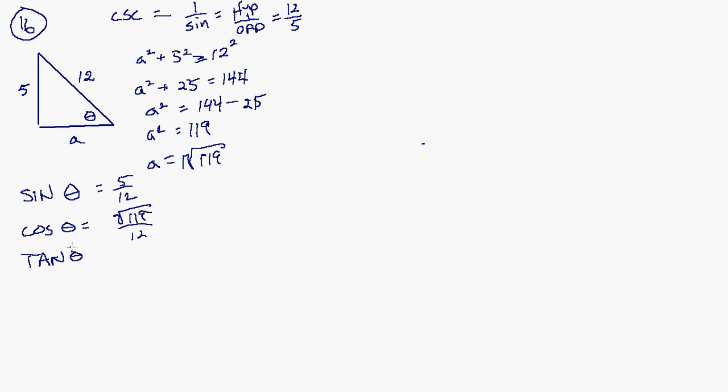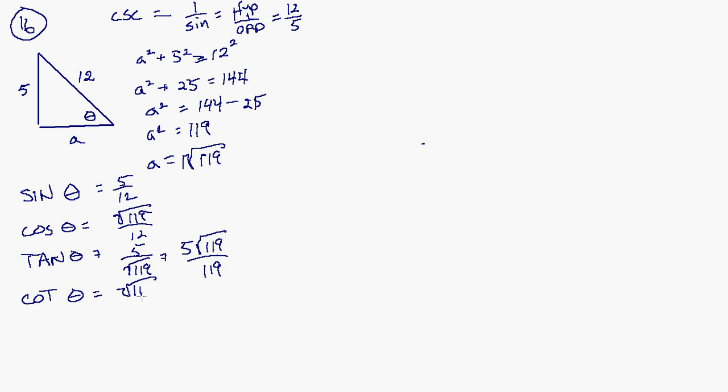So that is going to be 5 over the square root of 119, which is the same as 5 square root of 119 over 119. We have cotangent of theta, which is the reciprocal of tangent. So that's the square root of 119 over 5.